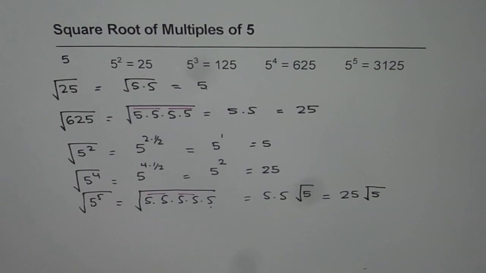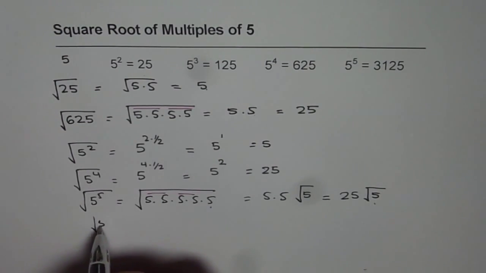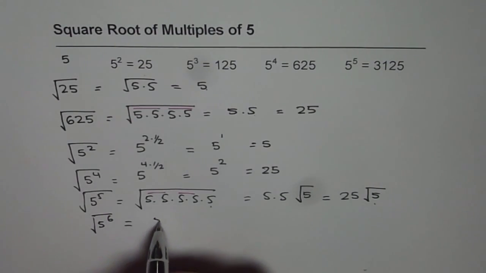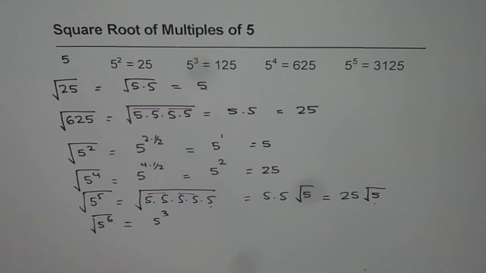So remember, at times you may not get a whole number as your answer, especially when the exponent is not an even number. So if the exponent is an odd number, you should be expecting an answer like this, right? So now you know, if I have the square root of 5 to the power of 6, then the answer should be 5 to the power of 3, half of it, right?